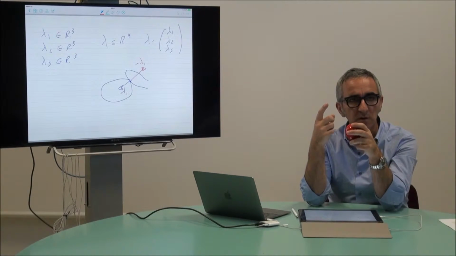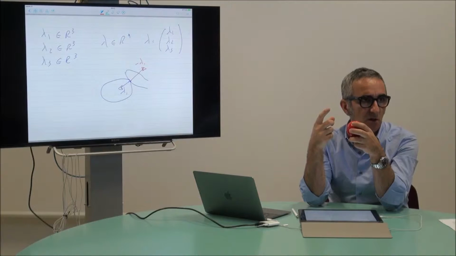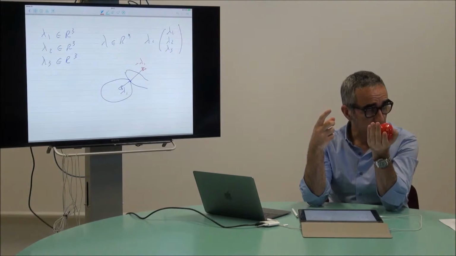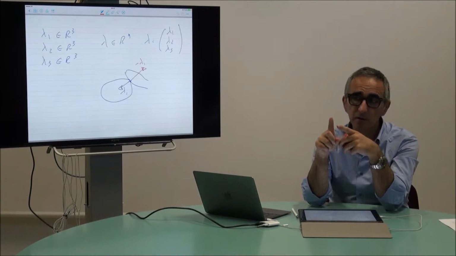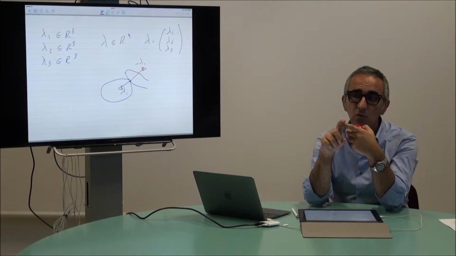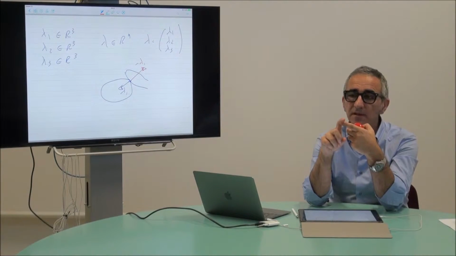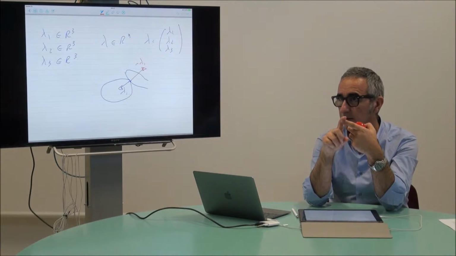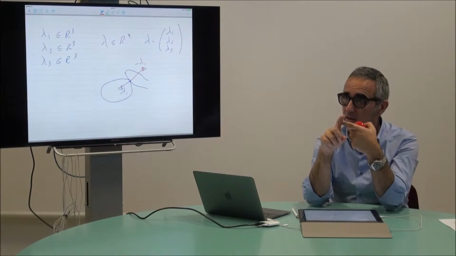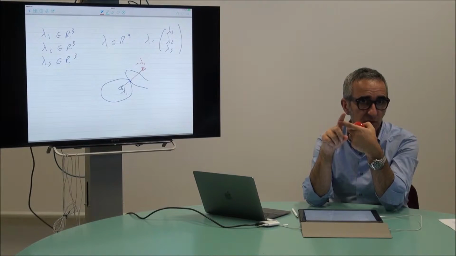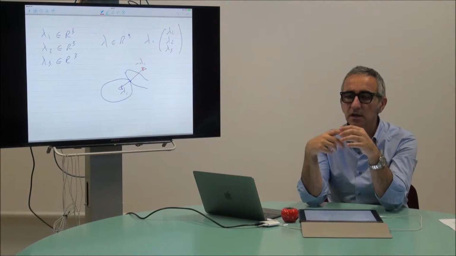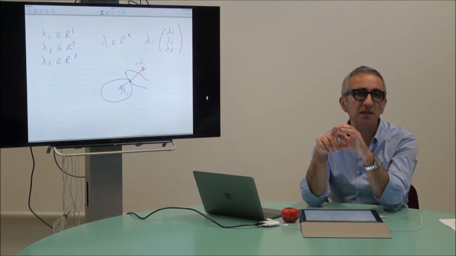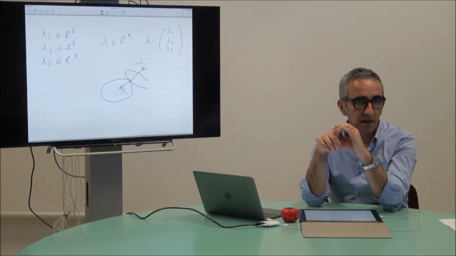And my human finger consists of 4 joints: 1, 2 here, 1 here, and 1 here. But this is not independent. In some sense, this depends on this other one. There is a constraint.